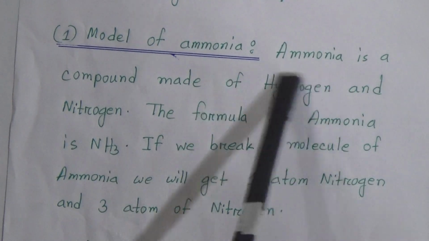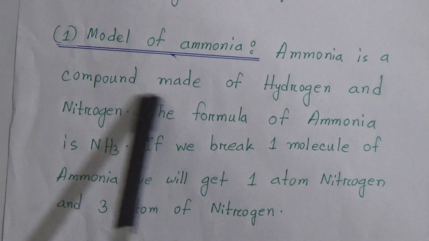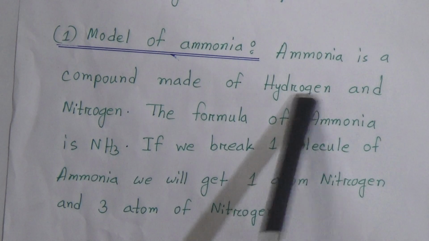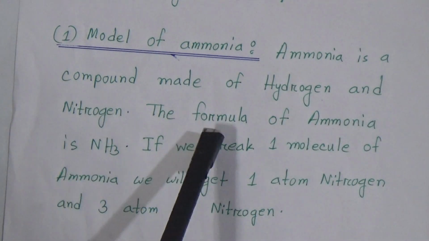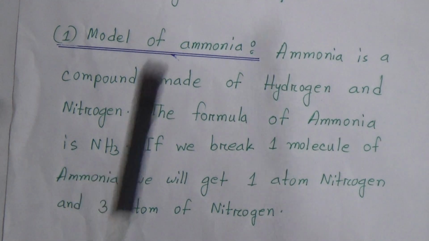What is ammonia? Ammonia is a compound made of hydrogen and nitrogen. The formula of ammonia is NH3.